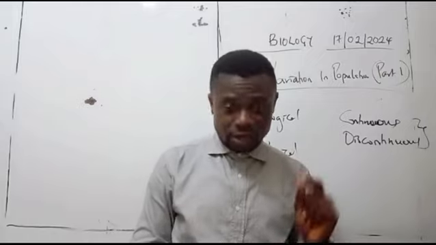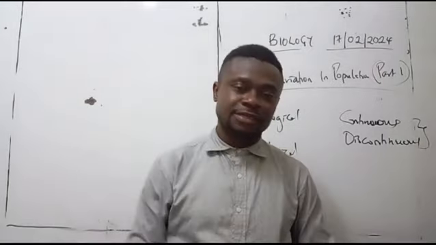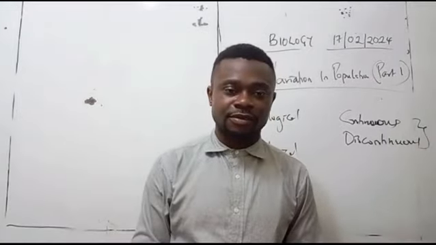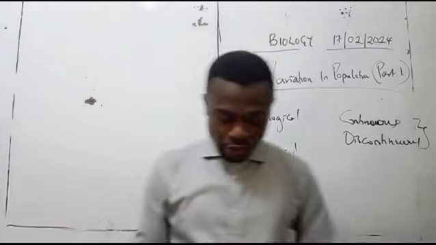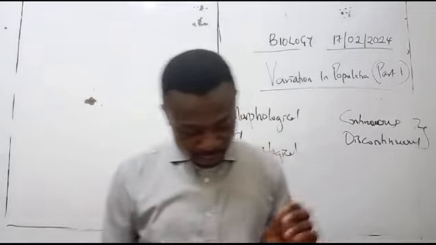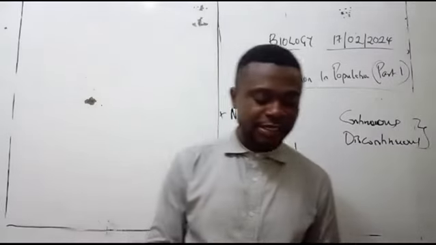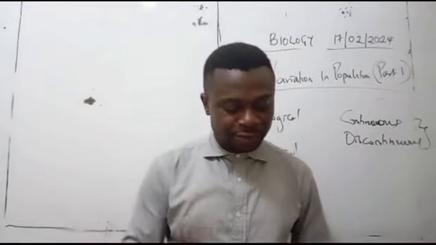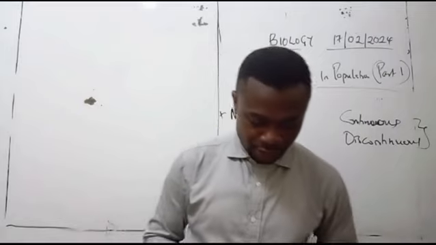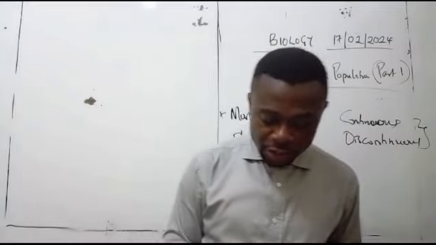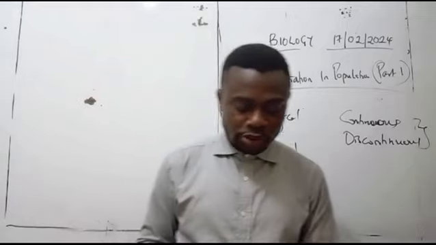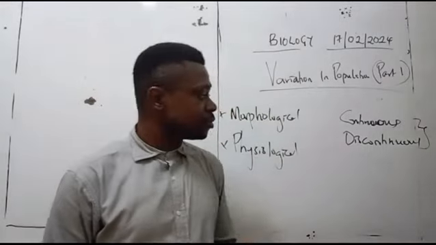It can be this or it's not that. No intermediate. So that's what we mean by discontinuous variation. There's a sharp difference between these features. Based on this, we'll go down to take them one after the other.